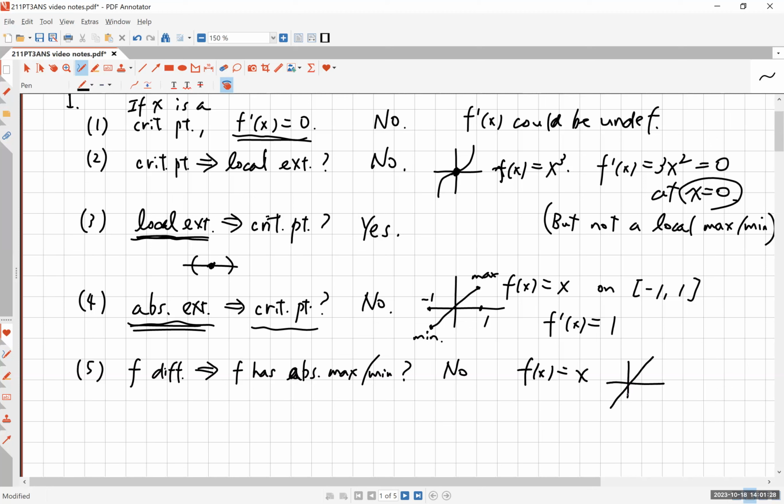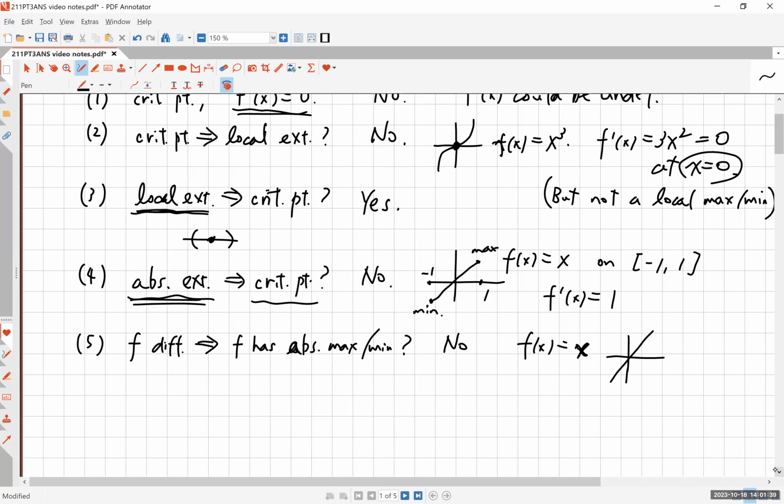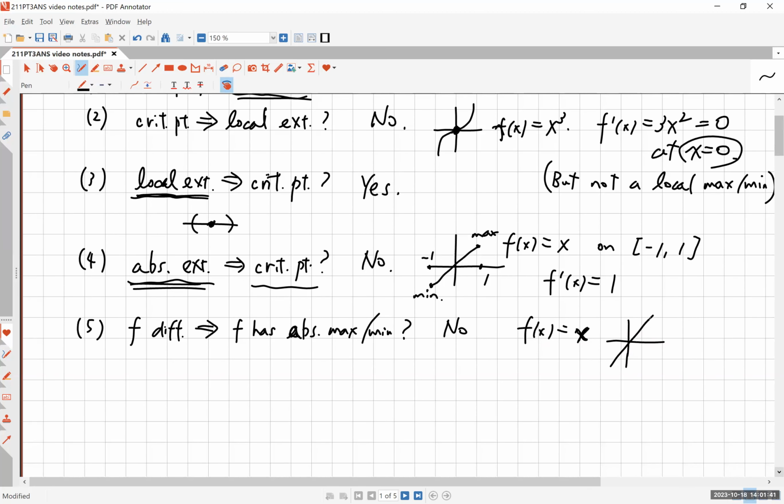You have the straight line, and if you don't define a specific interval, this is defined for all x, the entire real number system, and clearly there is no maximum or minimum. Infinity, by the way, is not a number, and negative infinity is not a number, and so they do not qualify as a maximum or minimum value.